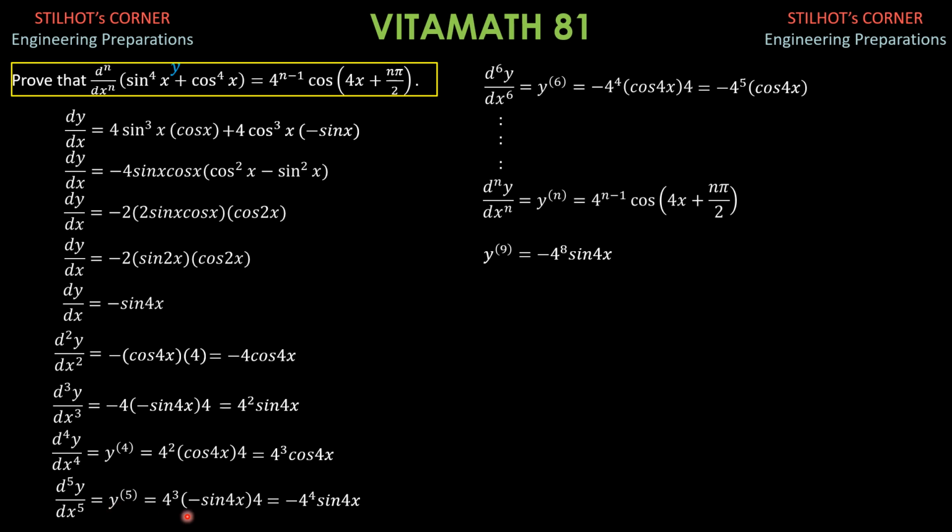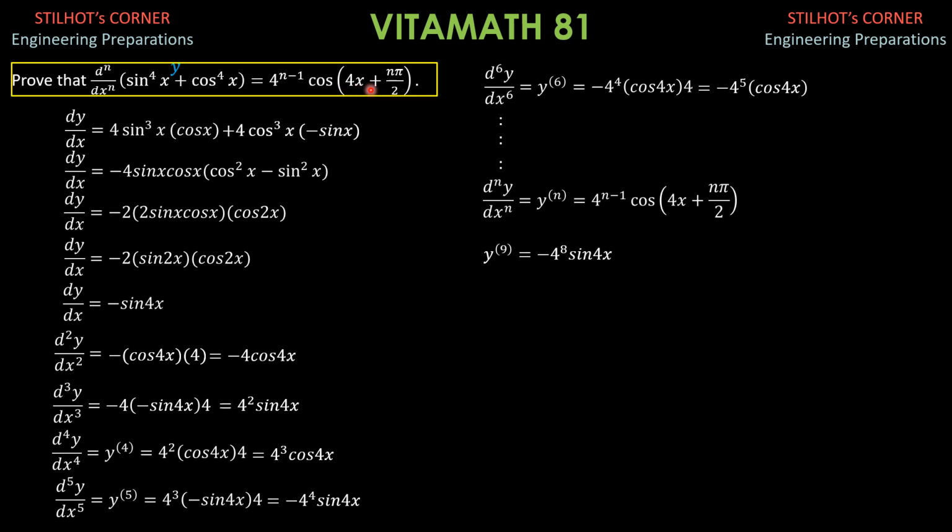So this is the fifth. So negative 4 to the 9 minus 1, so 8, sine of 4x, which checks here. Negative 4 to the 9 minus 1 is 4 to the 8 positive, then cosine of 4x, this is 9 pi over 2, and cosine of 9 pi over 2 is 0.